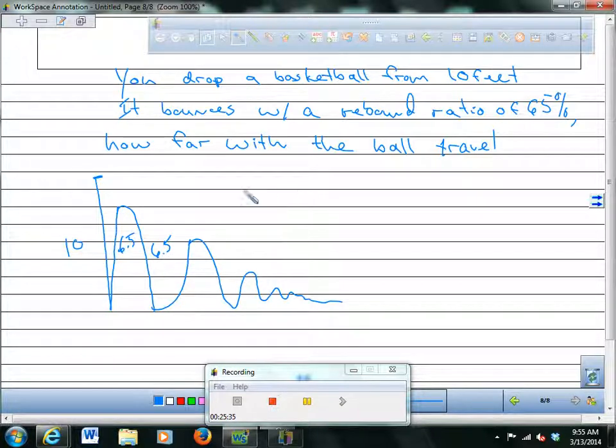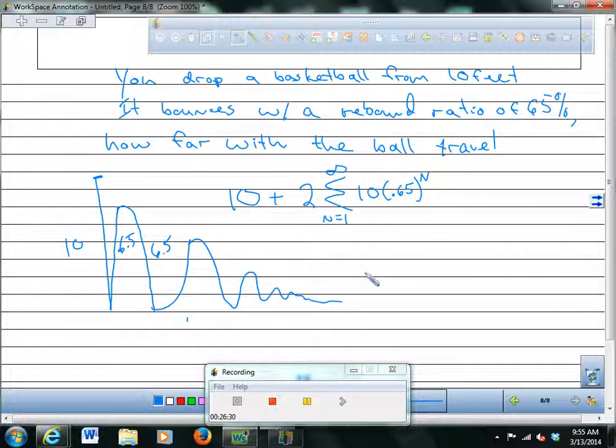So the way you would figure this out, you would have to add the 10 feet at the beginning, plus, how many times does it go 6.5 feet? Twice. So you have to take 2 times the infinite sum from n equals 1 to infinity of 10 times 0.65 raised to the n.